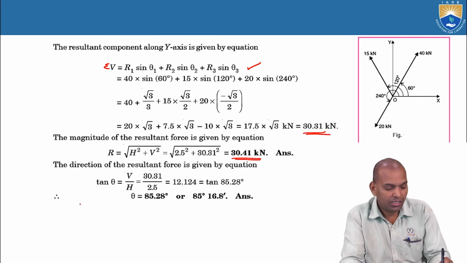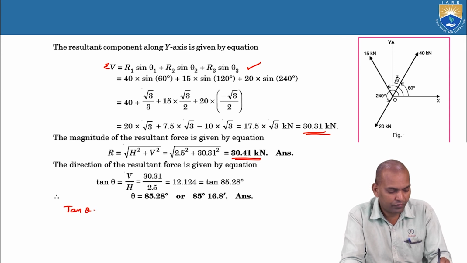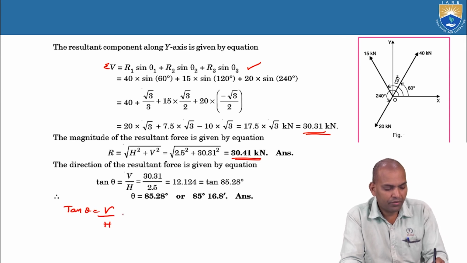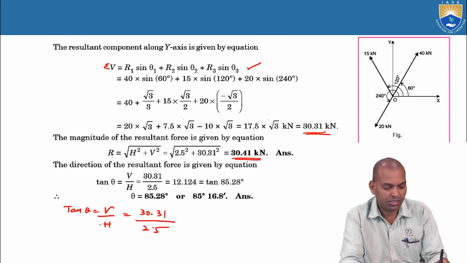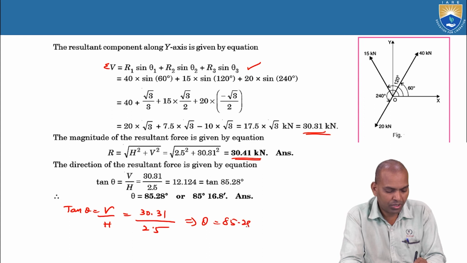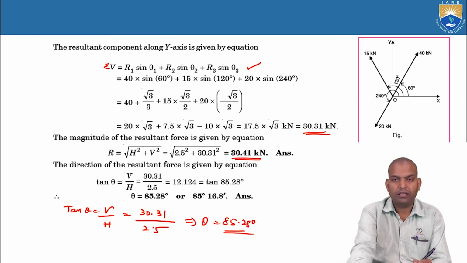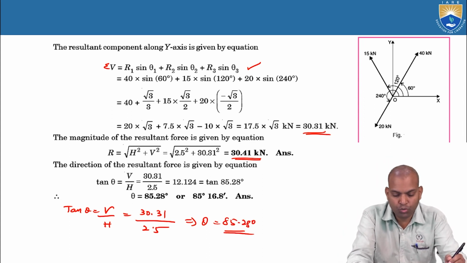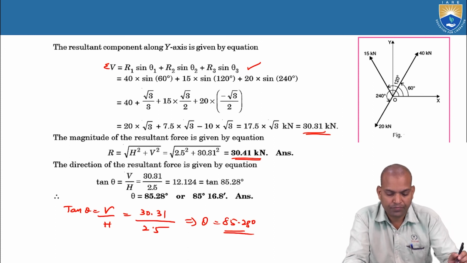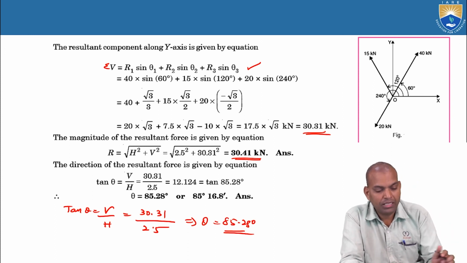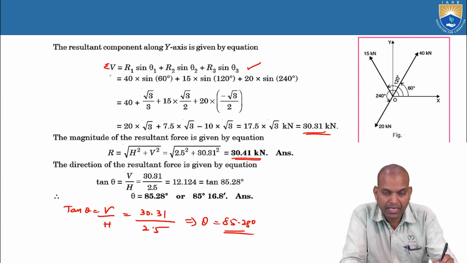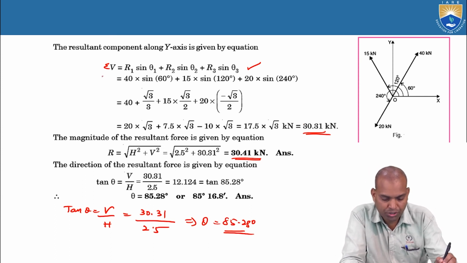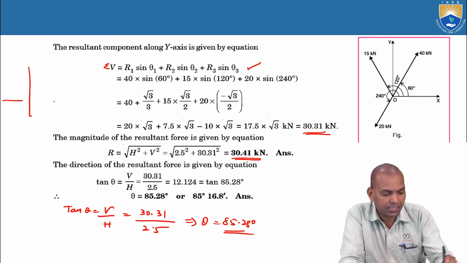Tan theta equals V by H. What is the V value here? 30.31. What is the H? 2.5 kilonewtons. Then the value obtained is theta equal to 85.28 degrees. Okay, 85.28 degrees with what? The positive x-axis. Here sigma H is positive and sigma V is positive, so it is in which quadrant?